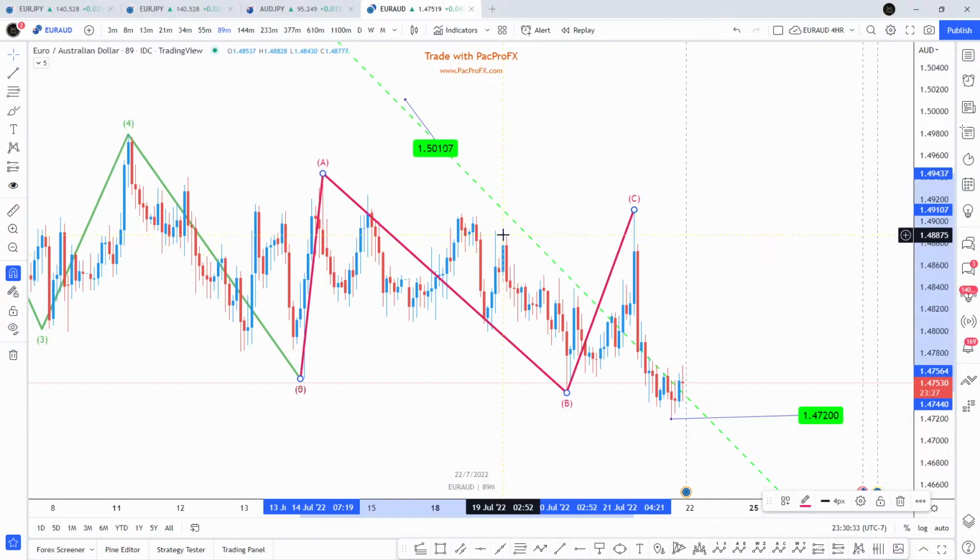And then you have an A, B, and then C. Okay. So then you have here this last wave is the only one that's just kind of weird.